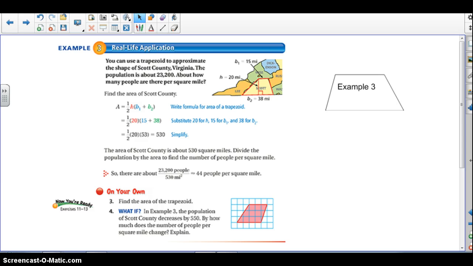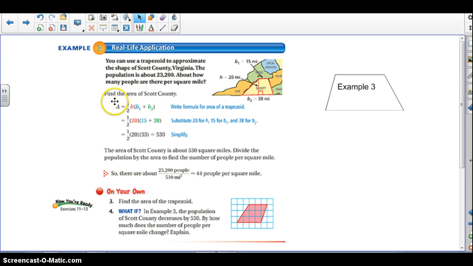All right, let's take a look at real-life application. It says you can use a trapezoid to approximate the shape of Scott County, Virginia. The population is about 23,200. About how many people are there per square mile? Well, the first thing you have to do is find the area of Scott County, and it is a trapezoid.